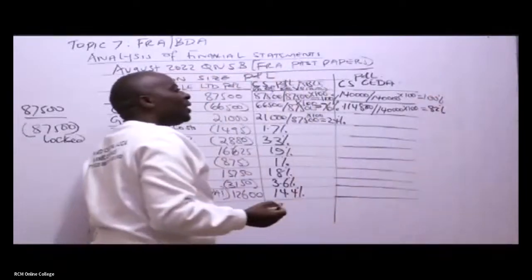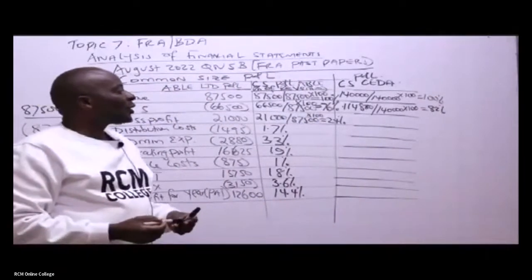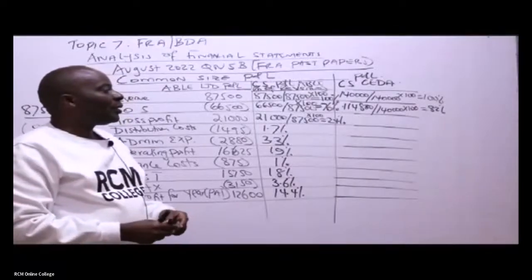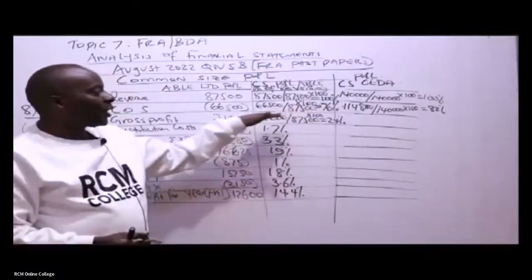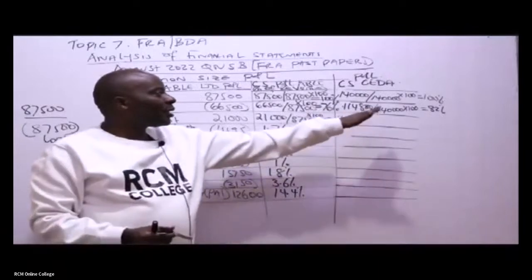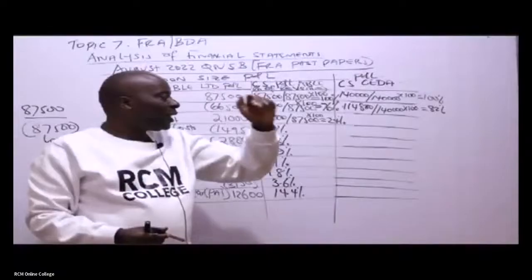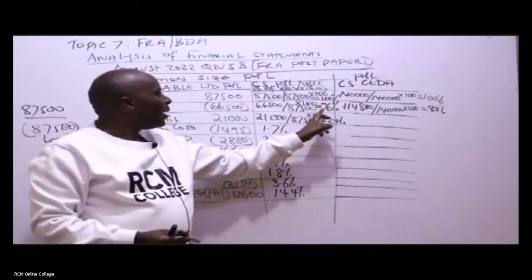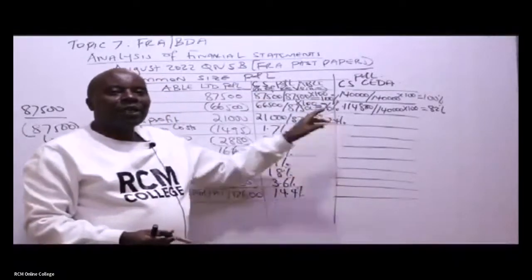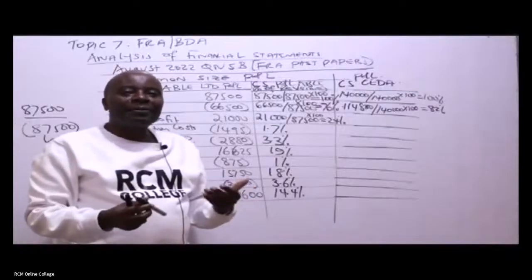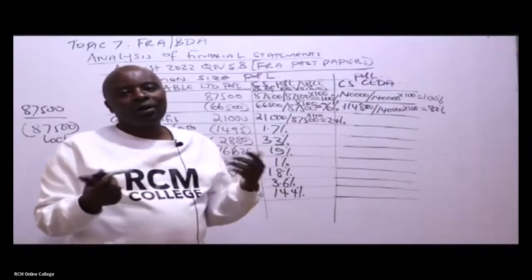Now you can see in this case, in terms of the cost of sales, using the common size, I can see that the cost of sales for CIDA is higher. It's at 82%, and therefore ABO, it's at 76%. So I need to ask myself, how come CIDA has a higher cost of sales?